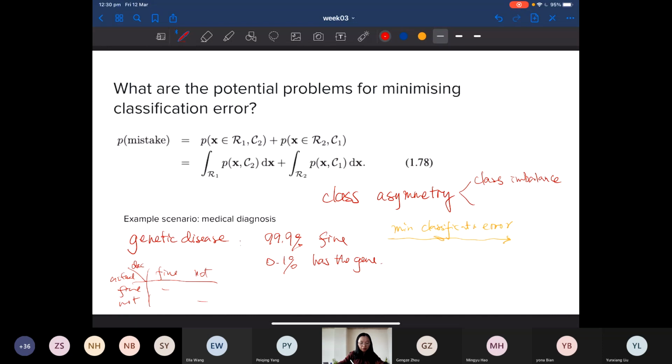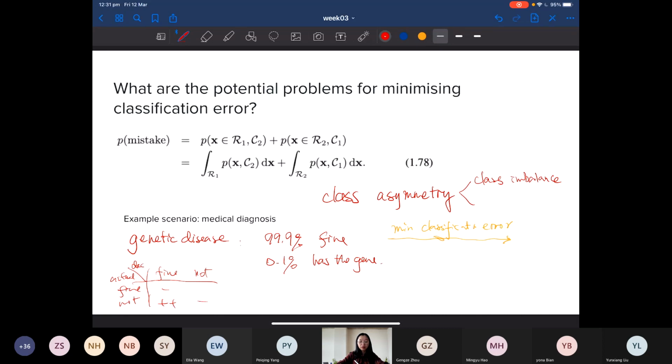If a patient is actually fine and you flagged them as not fine, there will be a psychological cost, but you can put the patients through subsequent tests and monitor them, right? The overall cost is probably lower than the other way around. If the patient is actually not fine and you miss them, then the cost is the cost of life.